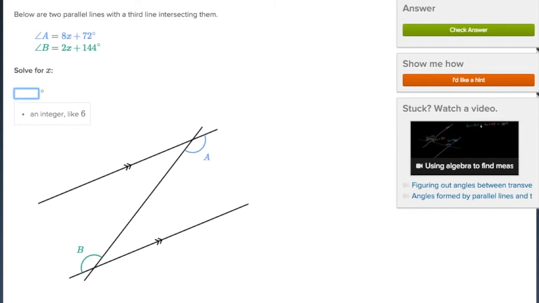So in the first type of problem that we deal with, we notice that the vertical angle to angle A, of course, is congruent to angle A, which means it has exactly the same measure.